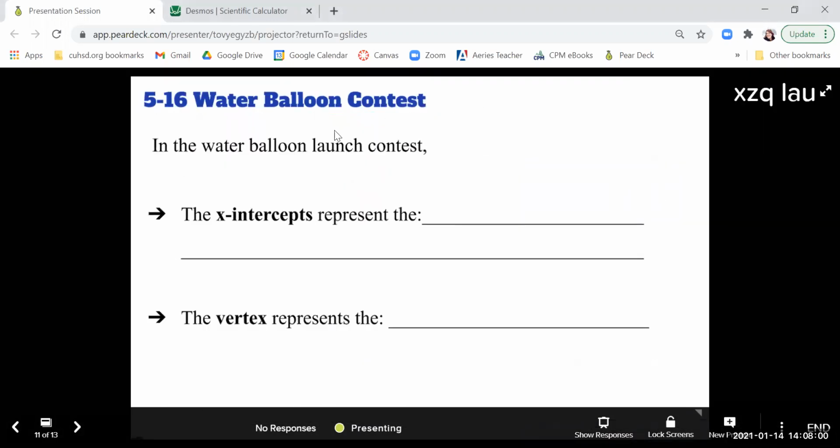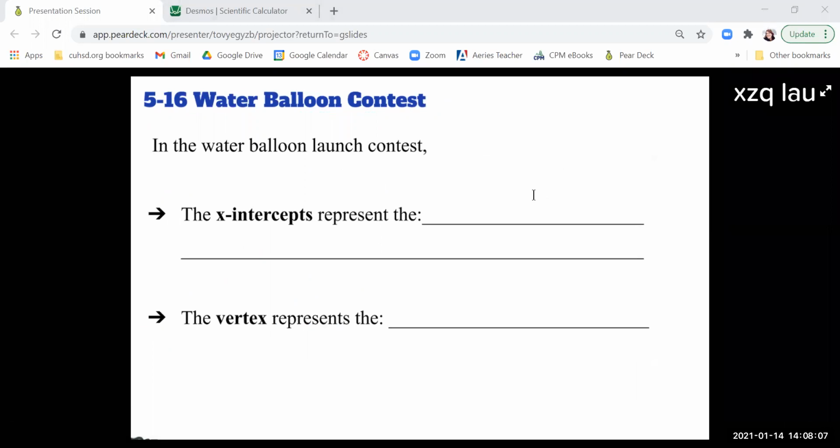All right, so on our last slide here of the lesson, we're just clarifying the features that represent the x-intercepts and the vertex in the context of the water balloon launch. The x-intercepts represent the launch point and the landing point.